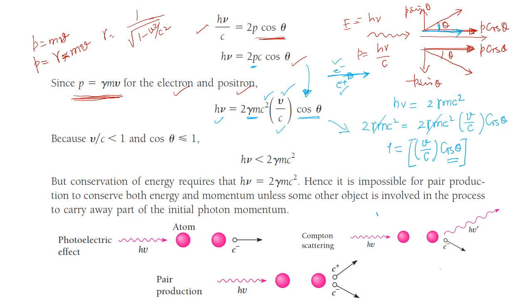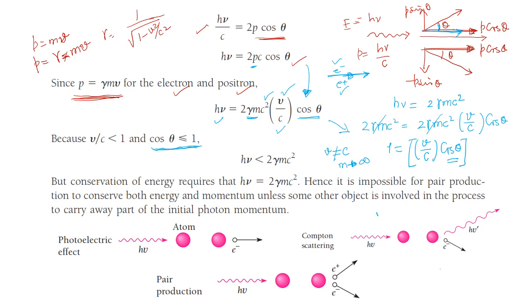So the cos theta is not going to be 1, it has to be less than 1. Okay, and what about v by c? This also cannot be 1, because for v by c to be 1, v has to be equal to c, and v cannot equal c, because relativity tells us that when something moves with the velocity of light, its mass tends to infinity.